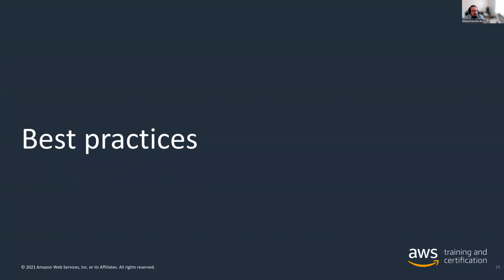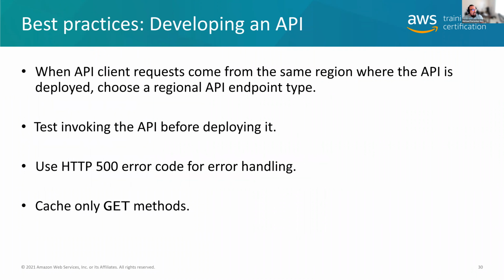And a couple of best practices. One, when API client requests come from the same region, choose a regional API type. You don't need to go global. If you're just accessing it from the same location, don't force it to run through CloudFront, for example. Test, load test, and test caching parameters. Go through some failure scenarios. What happens if I submit this header?